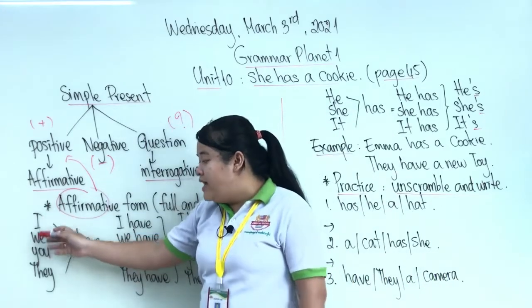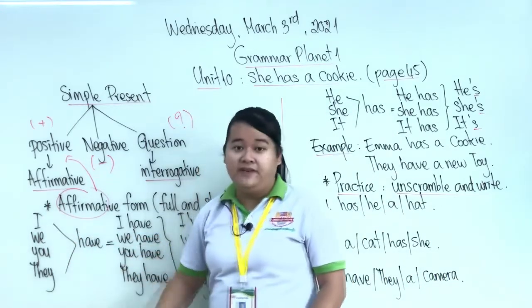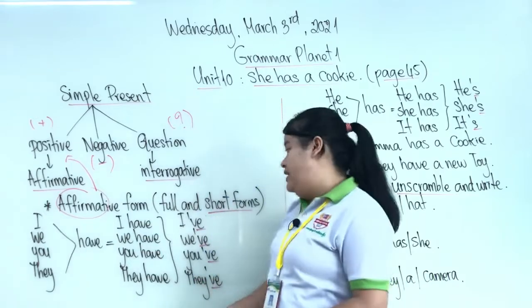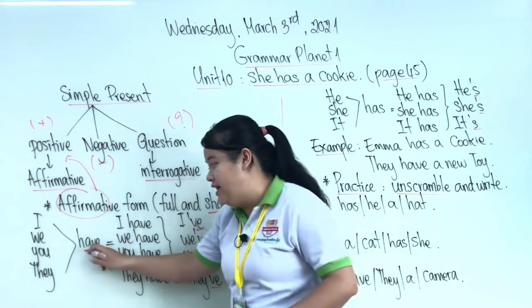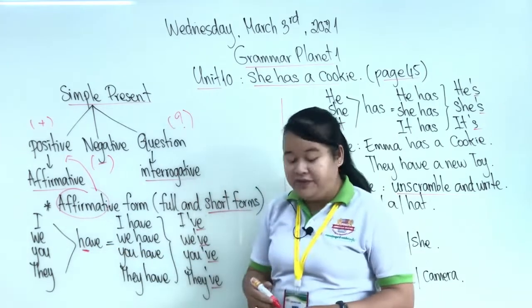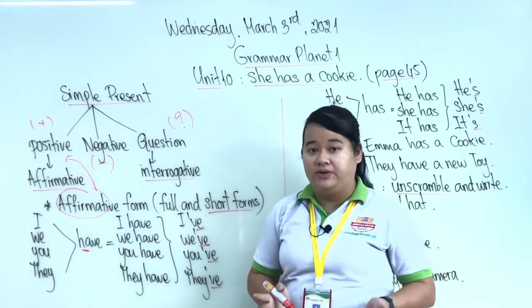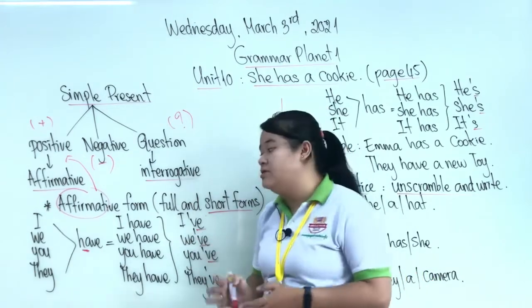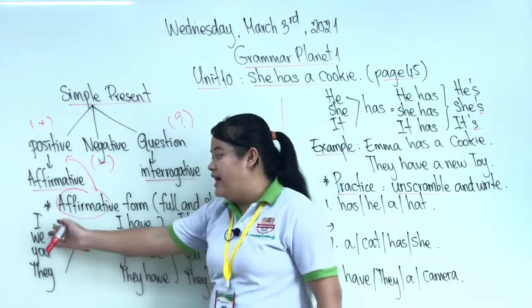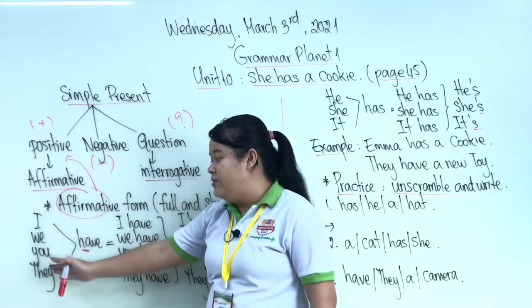So I, you, we, they, we call these subjects. And for these subjects we need to use have, okay everyone? Because we call them plural, right? So if plural, we need to use have, like I, we, you, and they.